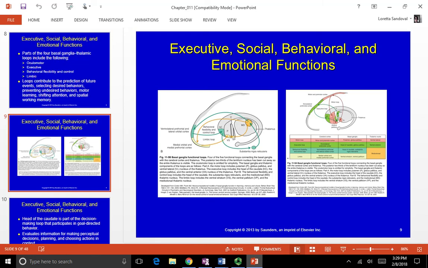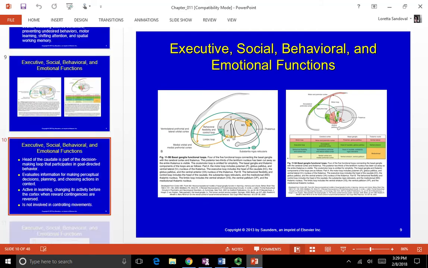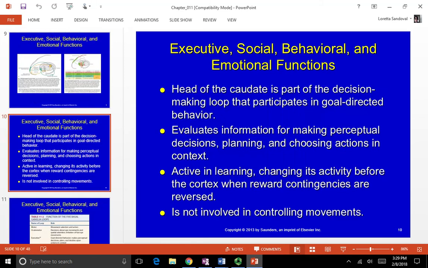But don't spend a lot of time studying this or anything, just know that there's a lot going on besides just motor in the basal ganglia function. We'll do an example of how it works.